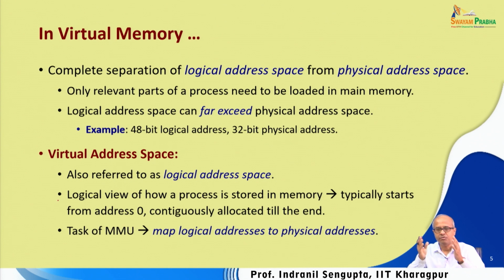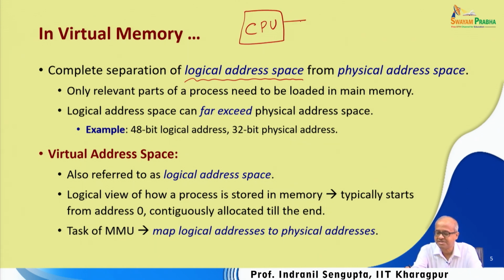We mentioned earlier that there are two things. One is the logical address space, which is defined with respect to the address that the CPU generates. During execution of a program, the CPU generates an address which is termed a logical address.